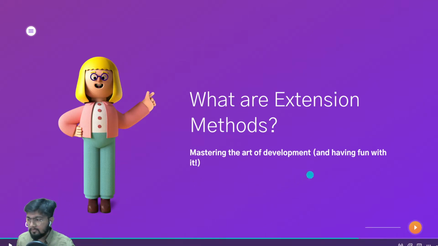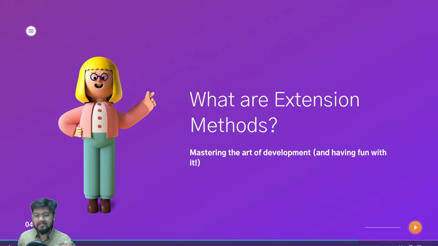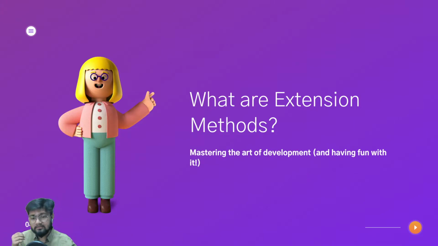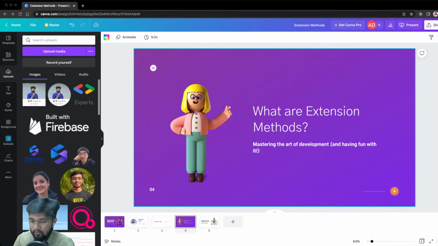So now let's actually see how you can do this with extension methods directly in our code. Enough of theory, right? Let's do the real part. So now let's switch to VS Code quickly.